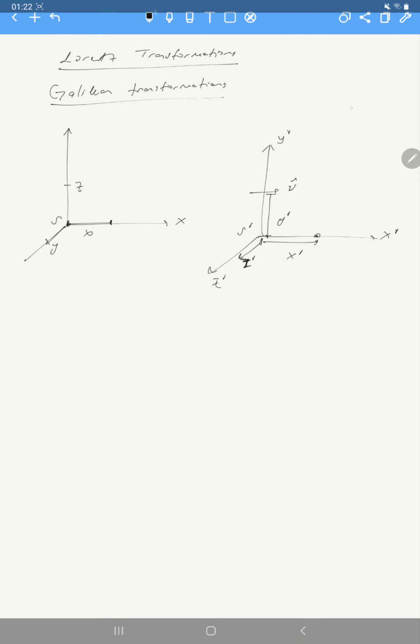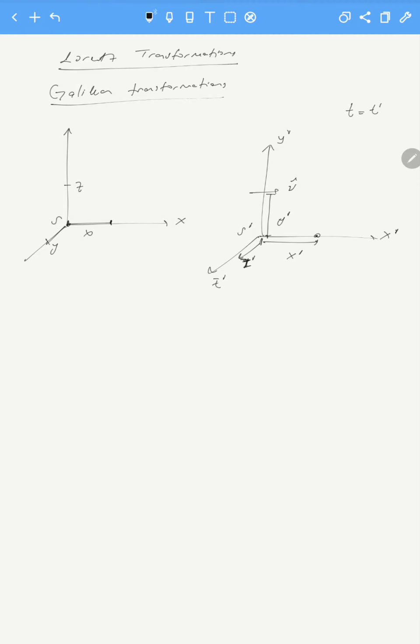In the good old mechanics, time is universal. As we are measuring some distance in the primed frame, the primed frame itself is going to move by speed v and time t. So what we are going to measure is this.